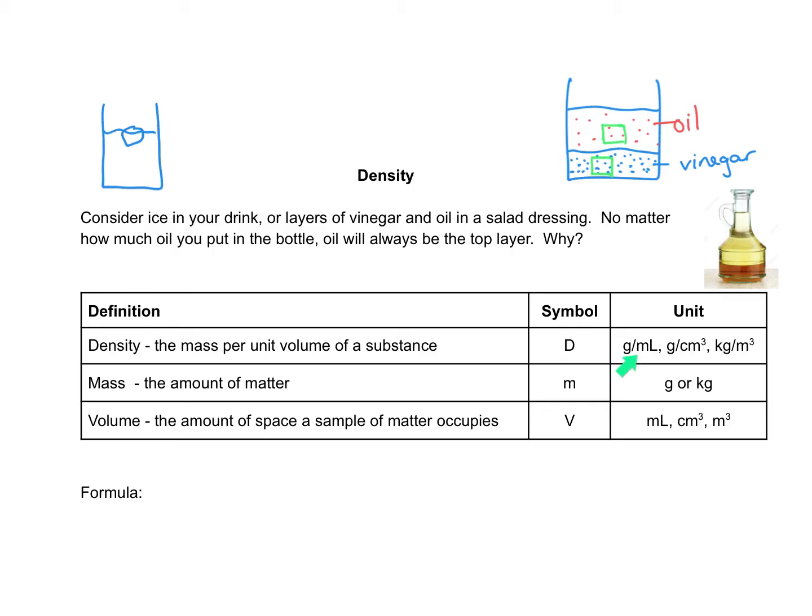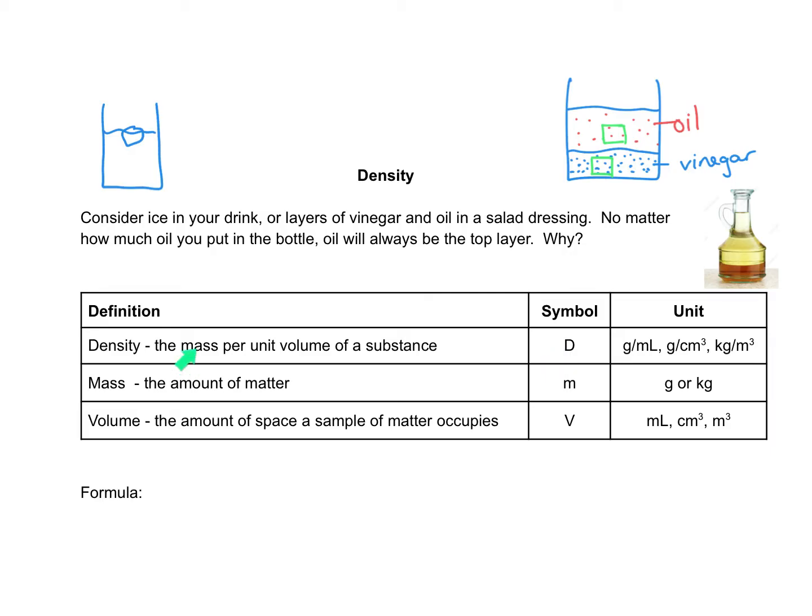If the substance you're working with is a liquid, the volume will likely be measured in milliliters. If it's a solid that you can measure, length times width times height, for example, you'll get centimeters cubed. Sometimes you'll see your density in units of kilograms per meter cubed. We can use the symbol D to represent density in a formula.